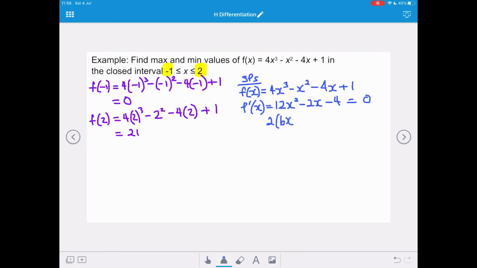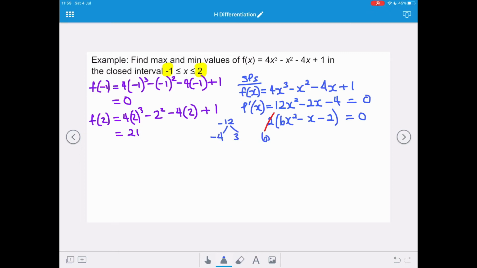We can factorize that, taking out a common 2 to get 2 times 6x squared minus x minus 2 equals 0, and we can divide both sides by 2 to eliminate the 2 in front of the bracket, and then we can factorize the bracket. Our magic number is -12, and our factors that are going to add together will be -4 and 3.